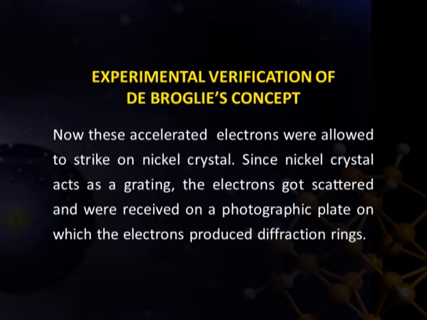They emitted electrons from a hot tungsten filament, accelerated by a potential ranging from 40 to 68 volt. These accelerated electrons were allowed to strike a nickel crystal. Since the nickel crystal acts as a grating, the electrons got scattered and were received on a photographic plate, on which the electrons produced diffraction rings.